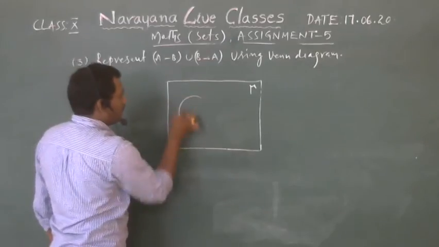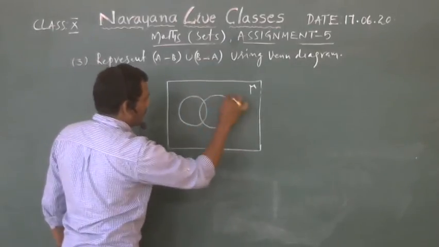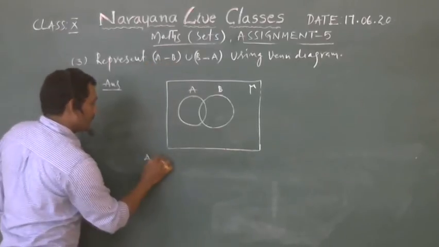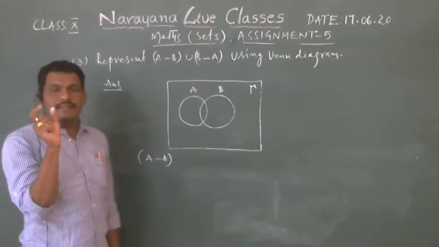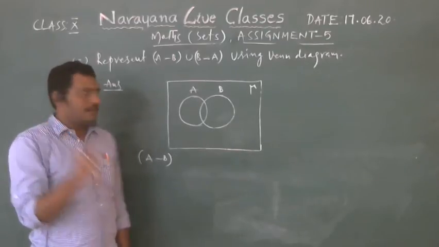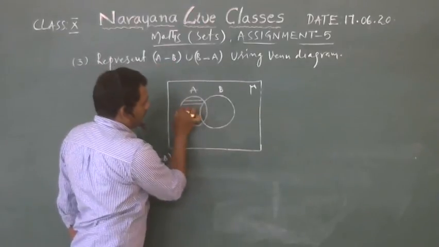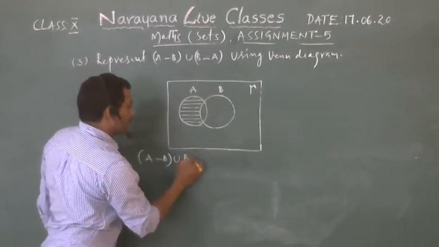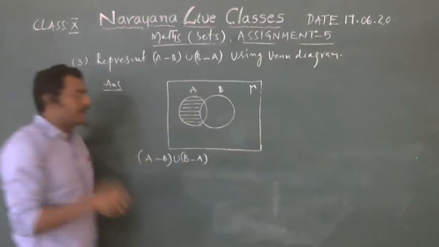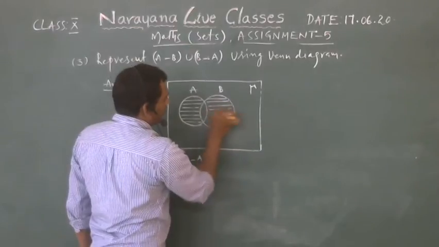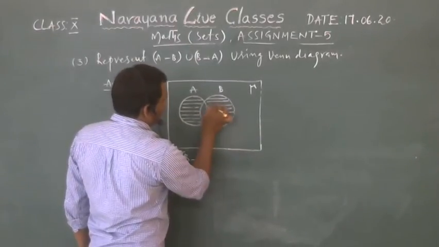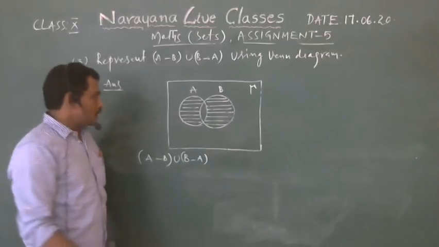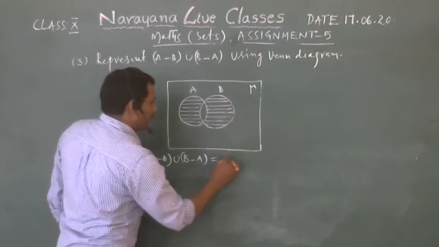So now two sets A and B, draw set A and set B. The first one is A minus B. The elements of A that do not belong to B, means A minus B. Now shade only the portion of A. Next one, B minus A. Elements of B that do not belong to A. Here shade only the portion of B. So this is the answer of A minus B union B minus A. A minus B union B minus A is equal to A delta B.